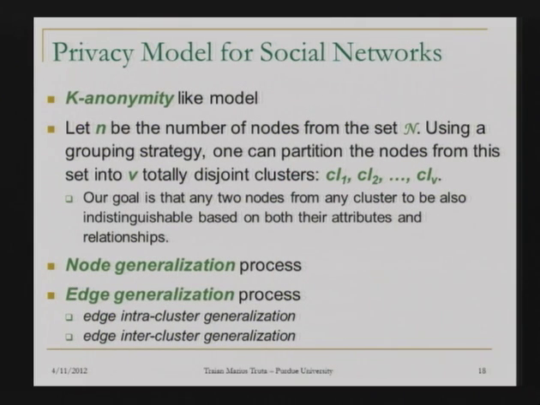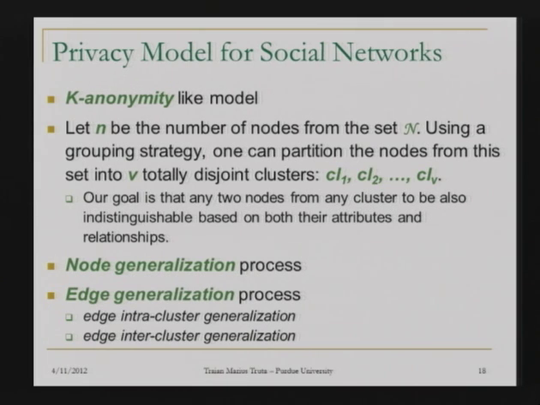Now, our goal is to create, as I said, the K-Anonymity-like model. And K-Anonymity means you want to create those groups of K tuples that are indistinguishable from each other. And in our example, as I said, K is equal to 3.